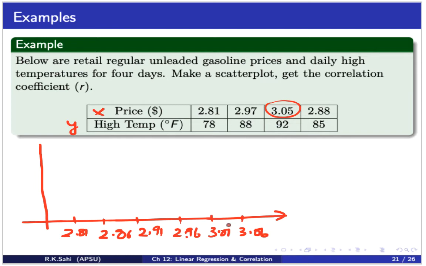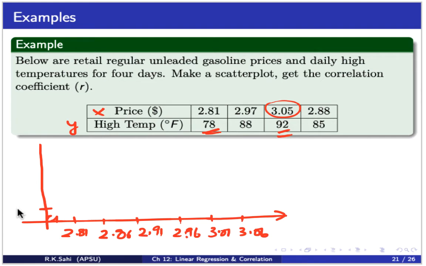Okay, then for the temperatures, the minimum is 78 and the highest is 92. You can eyeball it. I can go in units of 5, and I'll start not from 0. I'm going to make a little knot. When you make this little squiggle here, it basically means it's not starting from the origin, but we're just picking up the values we need.